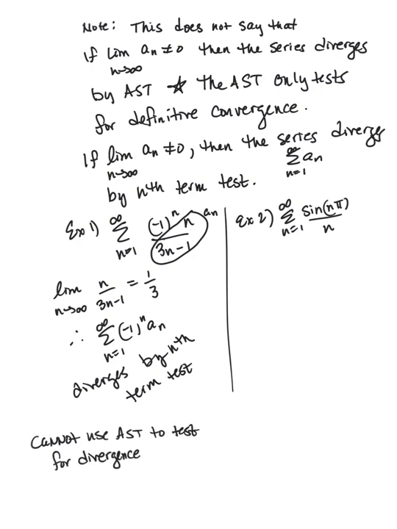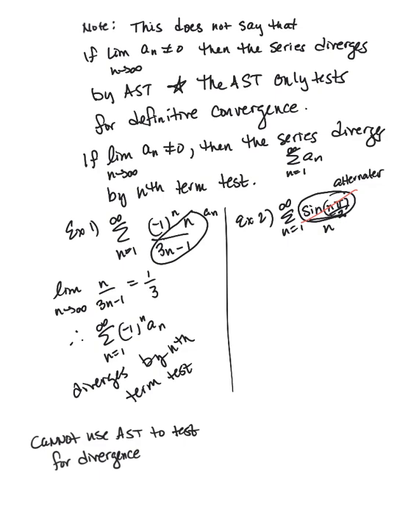Okay, now this one over on the right, this here is an alternator because sine, as you put in integer values, is going to change sign. I'd have to make this n pi over 2. So this is an alternator. So when I get rid of the alternator, I can do the AST. So now here's how the AST works.